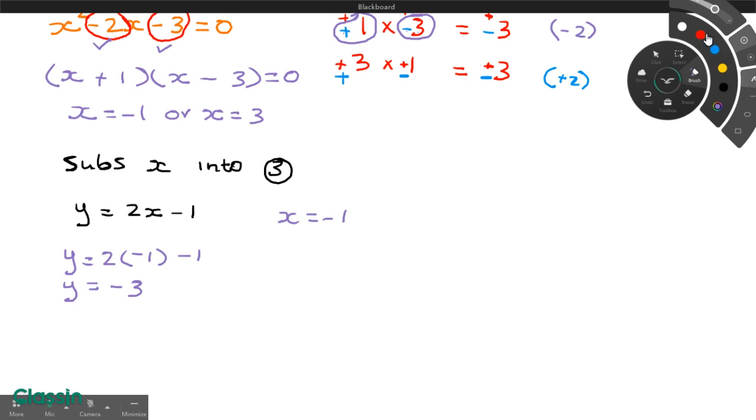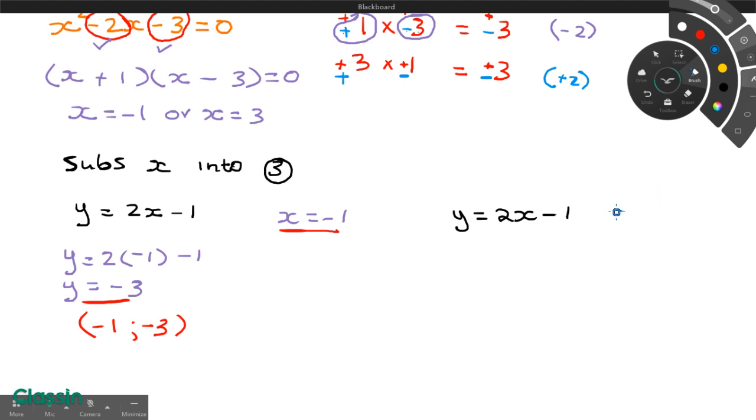Therefore, I must write this in the form of coordinates. The value of x that I substituted was negative 1. The value of y that I found here was negative 3. Now I come and do the second one. Same thing, y equals 2x minus 1. But in this case, what am I substituting?